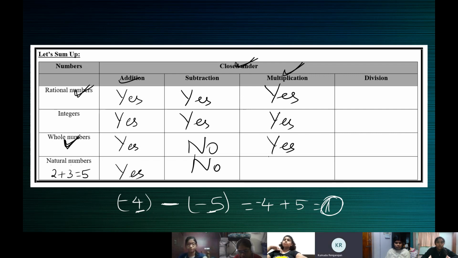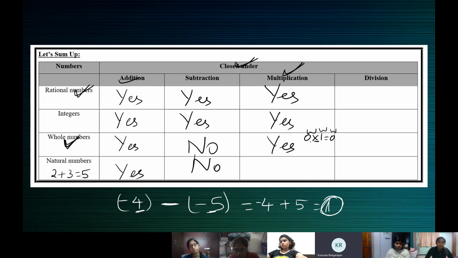When we multiply two whole numbers, what do you think the result can be? Always closed. Two whole numbers, 0 and 1. What's the answer? 0. 0 is a whole number, 1 is a whole number. The result is also a whole number.